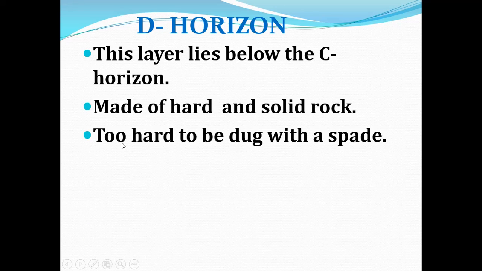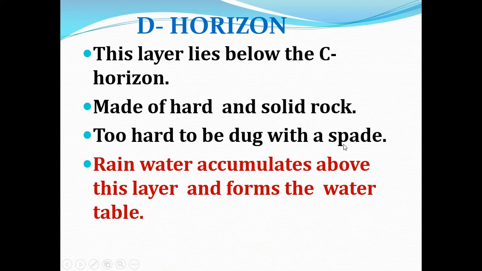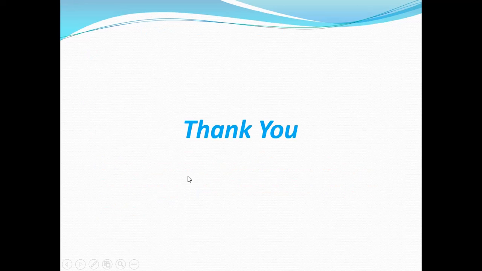It is too hard to dig with a spade. In this layer, rainwater will accumulate and forms the water table. So water table means the rainwater which accumulates in the D horizon.